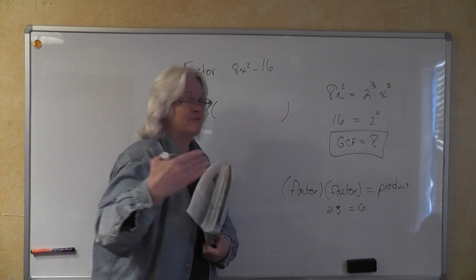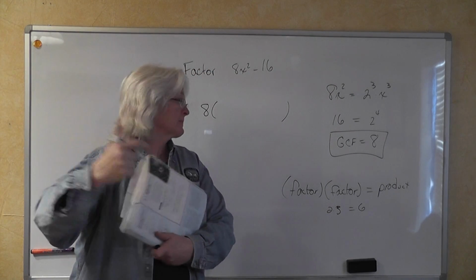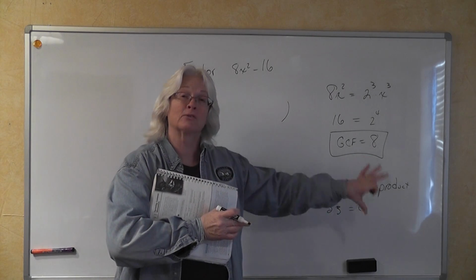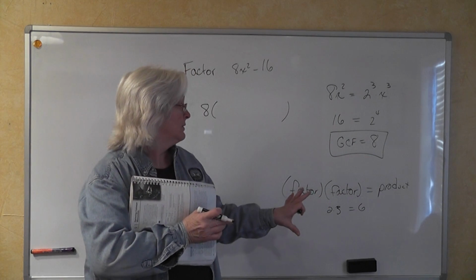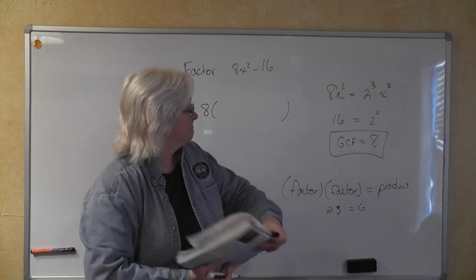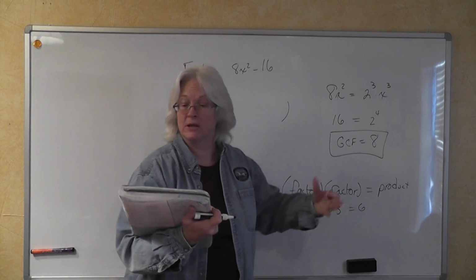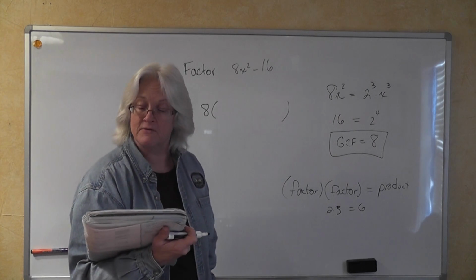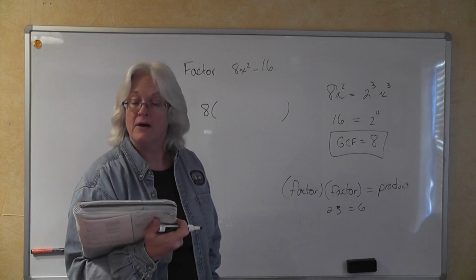So you multiply to get a product, you factor to undo this operation. Let me read what we have here. Multiplication begins with the factors and finds the product.